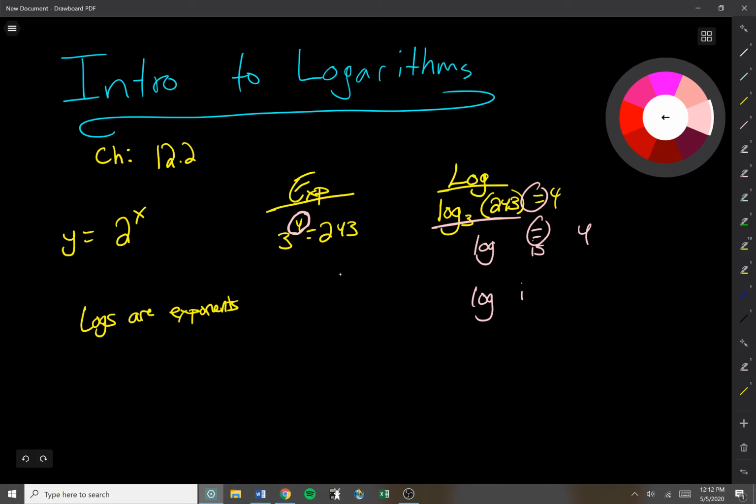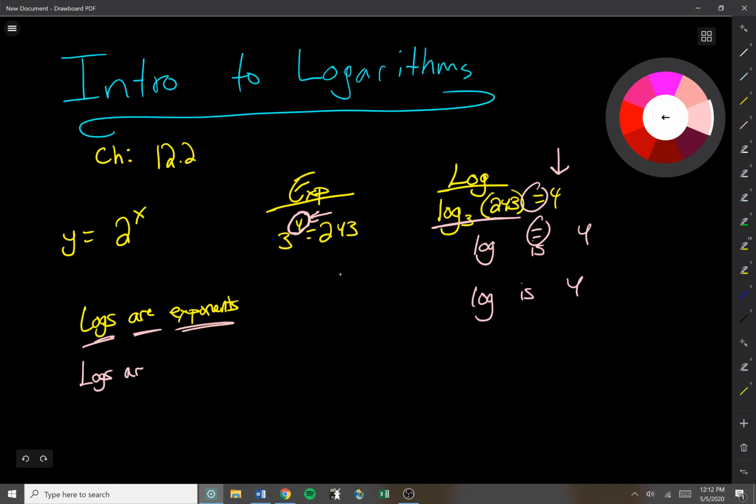So the logarithm is 4 because logs are the exponents. So whenever you convert to logarithm form, the number out here by itself, the number on the opposite side of the equal sign, will actually be the exponent from your exponential form. Okay, so logs are exponents.